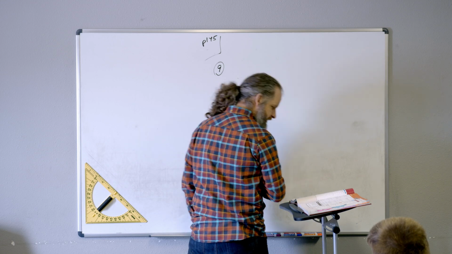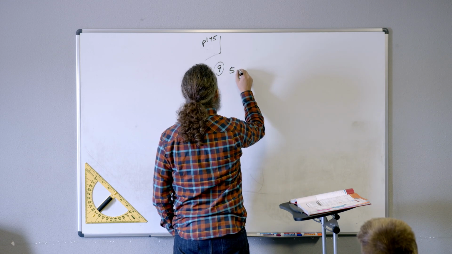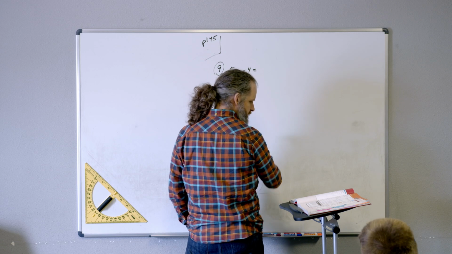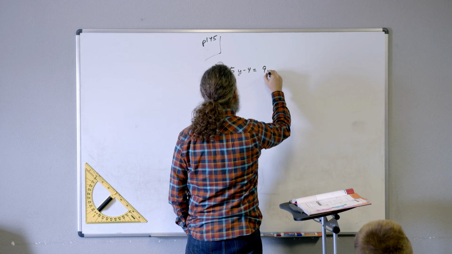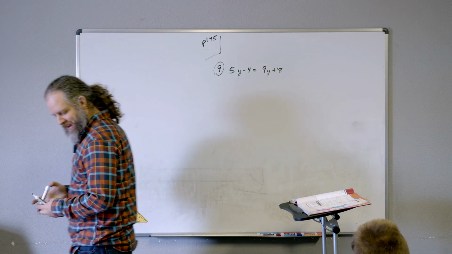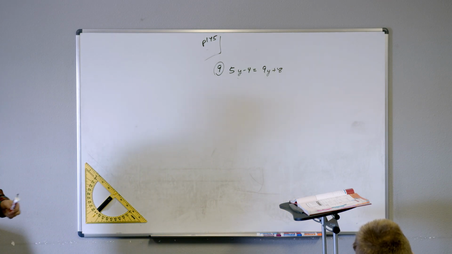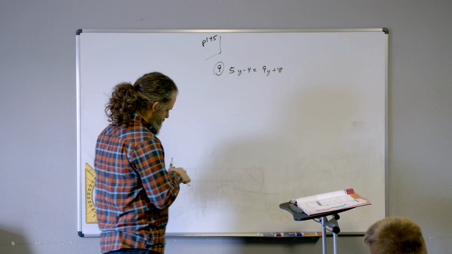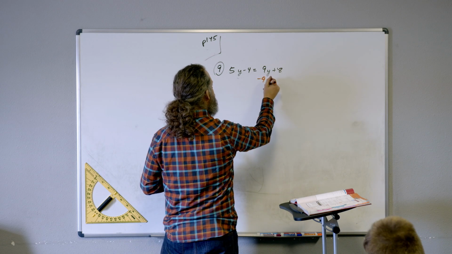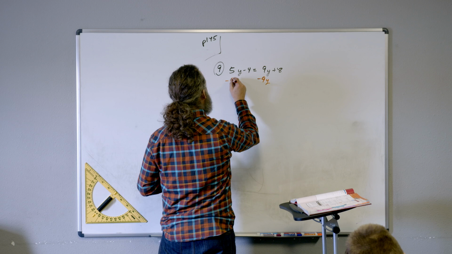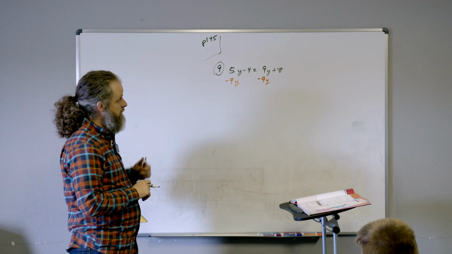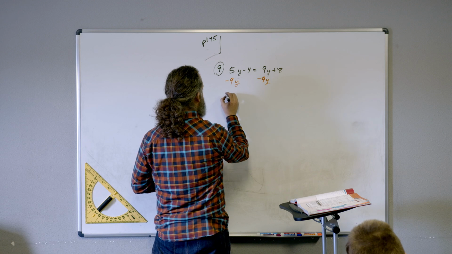So 9 is 5y equals 9y plus 8. How would we go about solving that? We would minus the 9y from the 5y. So minus 9y on both sides. What's 5y minus 9y? Negative 4y.